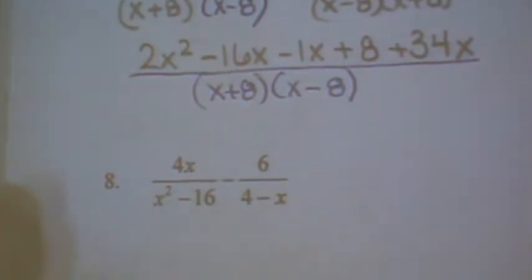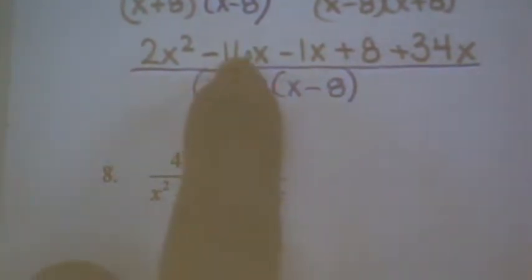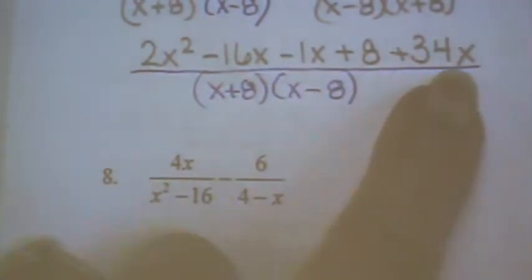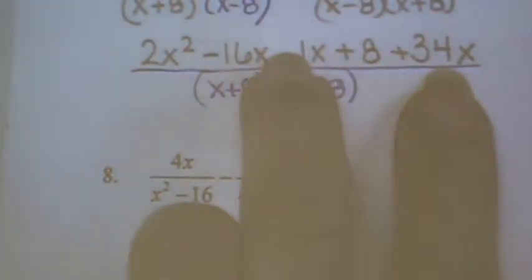Combine like terms. What goes together? -16 and -1, and 6 and 34. Negative 17x plus 34x is what? 17x. Yep. So what you have here is 2x squared plus 17x plus 8 all over x plus 8, x minus 8.